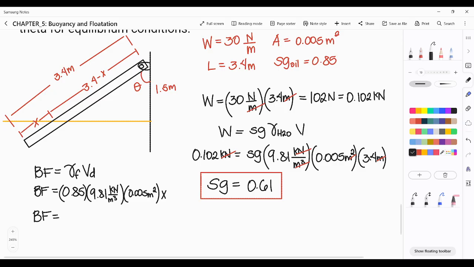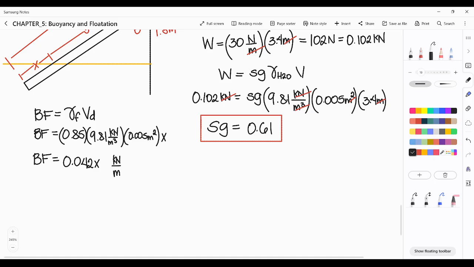So, pindutin mo na lang yan to simplify. 0.85 times 9.81 times 0.005, that would be 0.042x, 2 decimals na lang. Ang matitira dyang unit is kilonewton per meter. Kasi cancel yung square meters, so may matitirang isa sa baba.